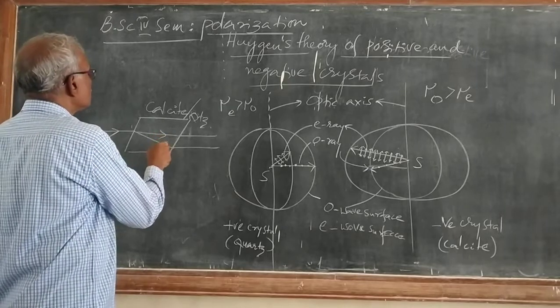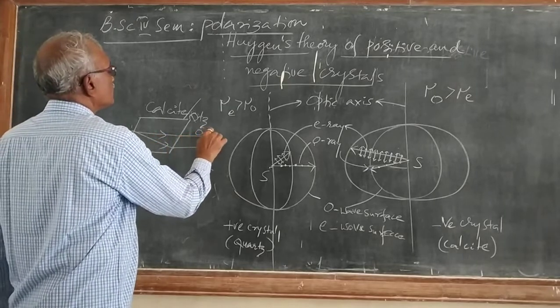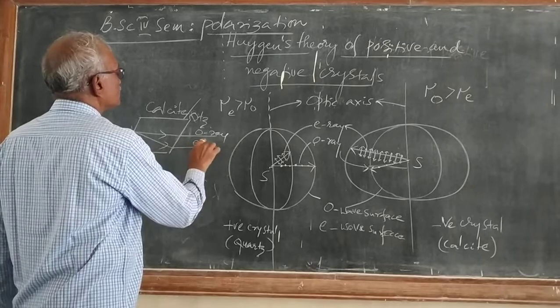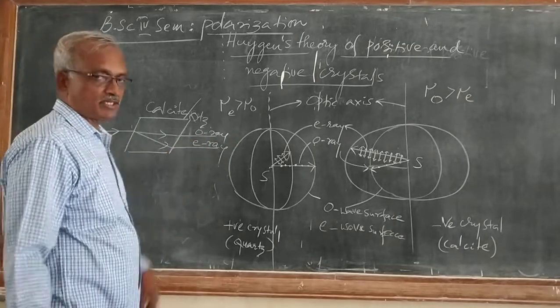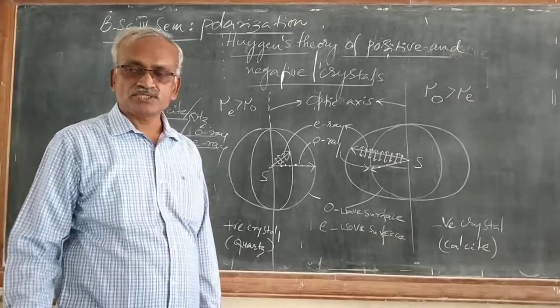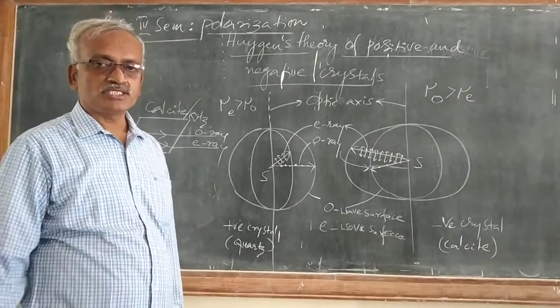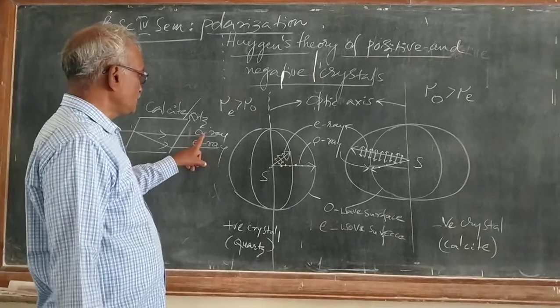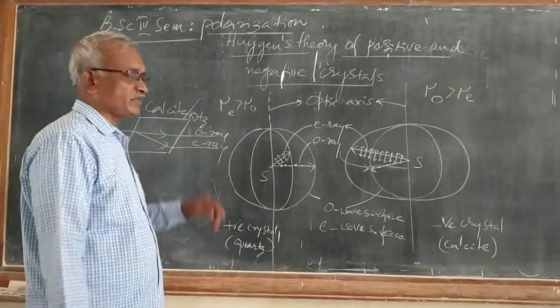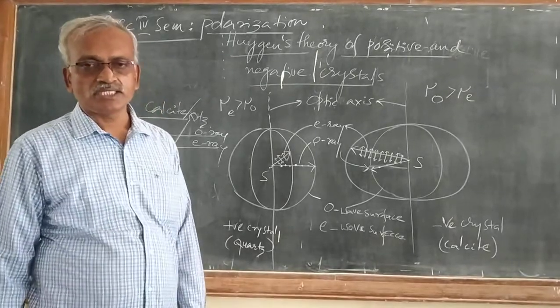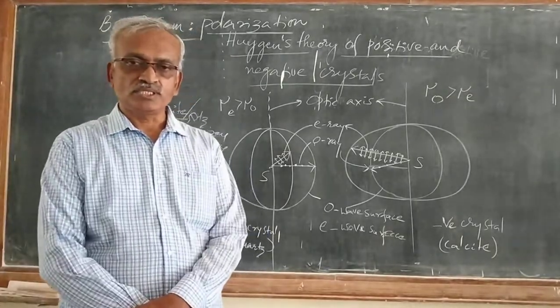One is the ordinary ray, another one is the extraordinary ray. These two rays, ordinary and extraordinary, are plane polarized light, and their vibrations are mutually perpendicular. The ordinary is parallel to the board and the extraordinary is perpendicular to the board.